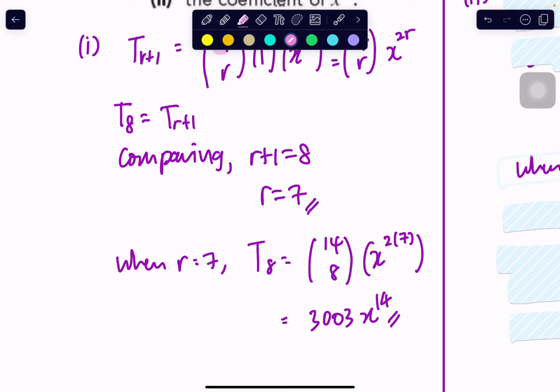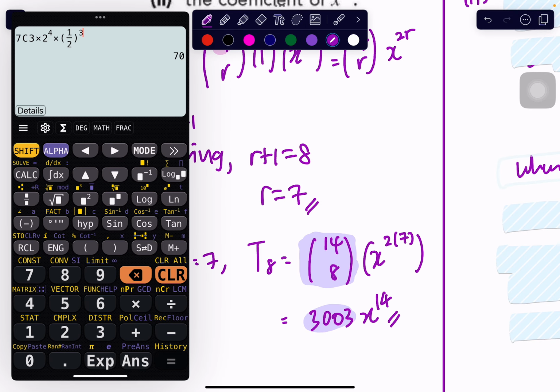How did we get this number? We got this number by evaluating this 14 choose 8 using a calculator. So 14 choose 8 gives 3003.